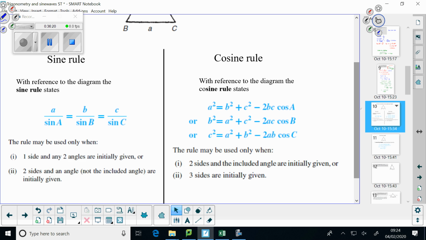That involves you rearranging the equation so that you've got the cosine of the angle on the left hand side of the equal sign. Alright?